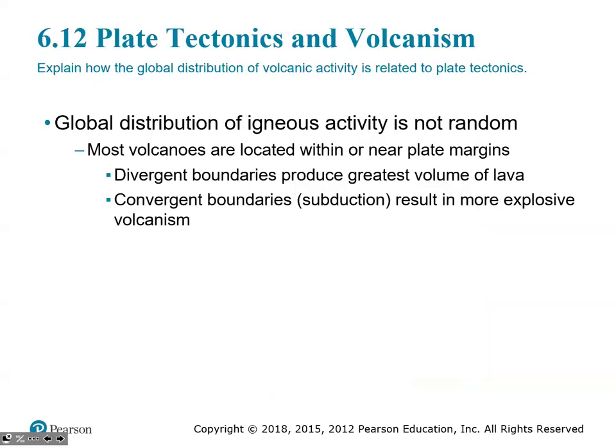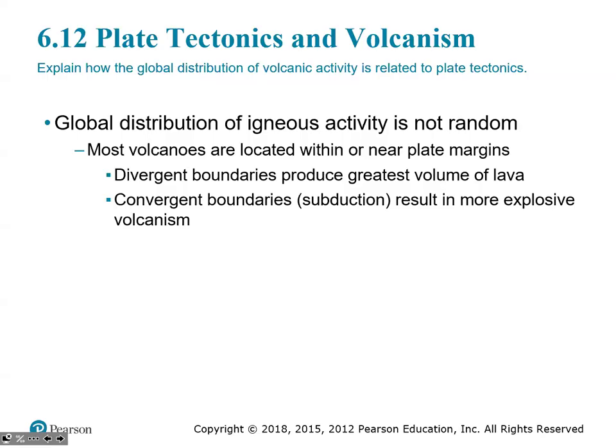Now, the global distribution of igneous activity isn't random. Most volcanoes are located within or near the margins of plates. The vast majority of volcanoes occur where plates are intersecting with each other, either where plates are pulling apart, causing decompression melting, or where material is being subducted, carrying water in and also moving easier-to-melt material into warmer areas, causing melting there.